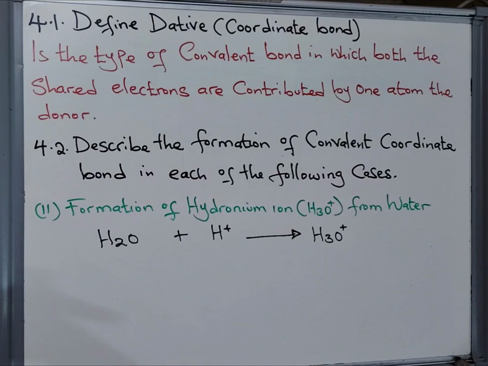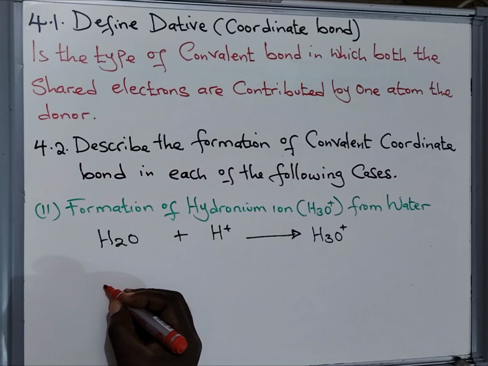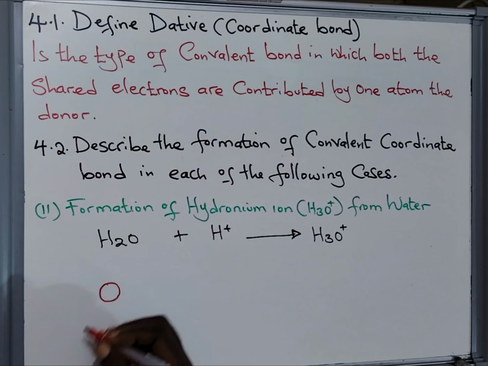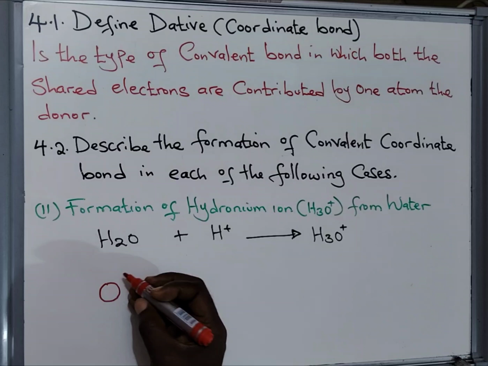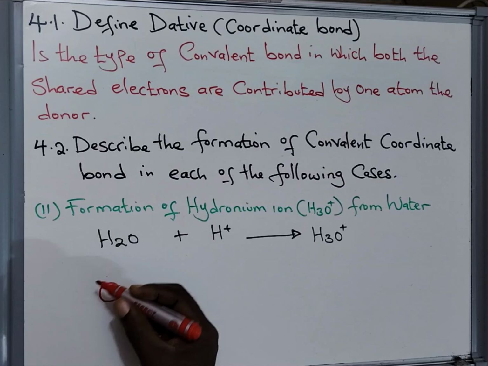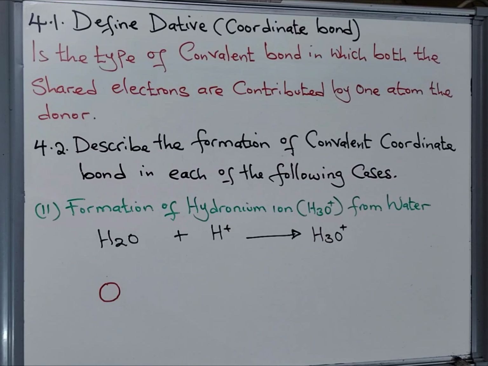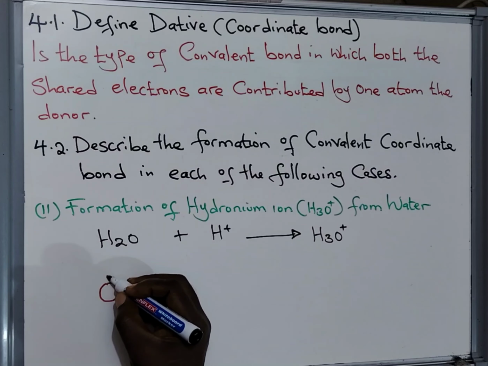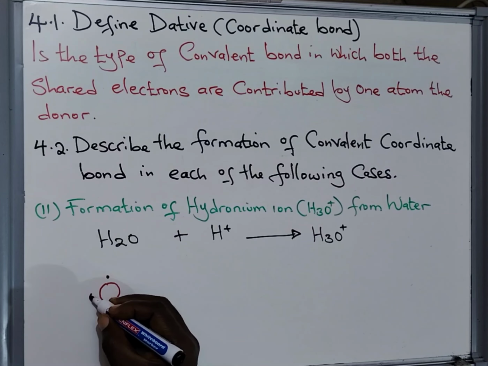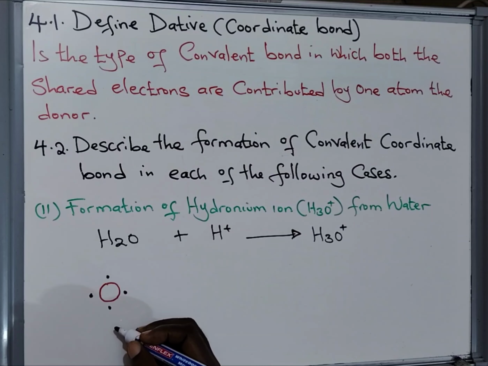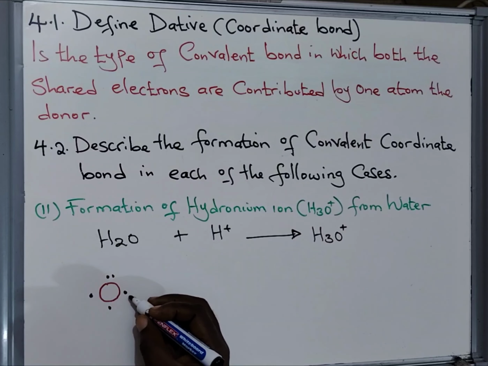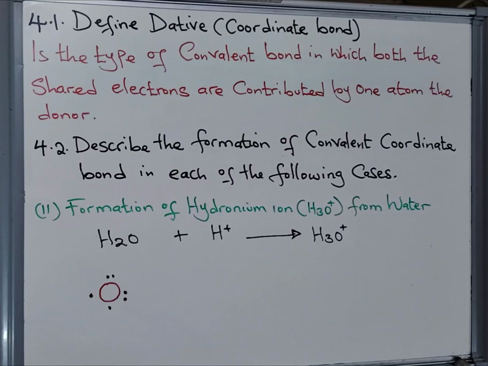So let us analyze what we know. For water, the central atom is oxygen, and oxygen is a group 6. So, meaning that you have 1, you have 2, you have 3, you have 4, then 5, and 6. So when you look at this oxygen, what does it mean?